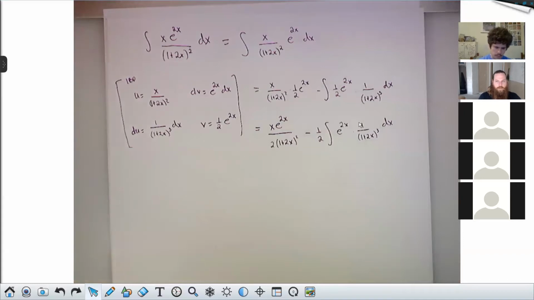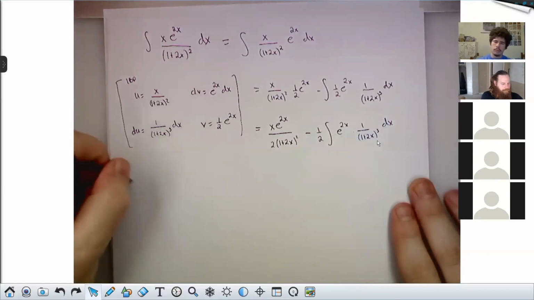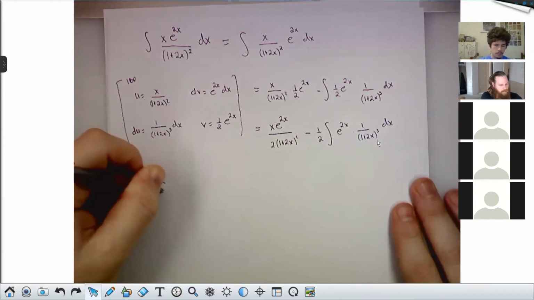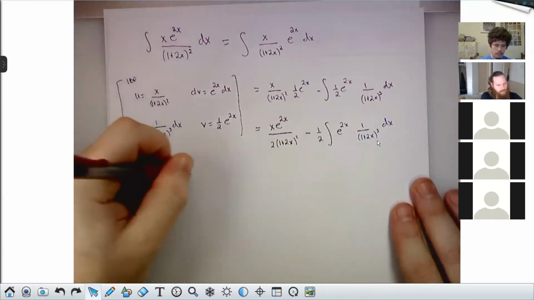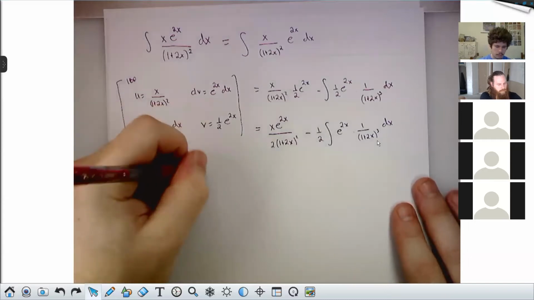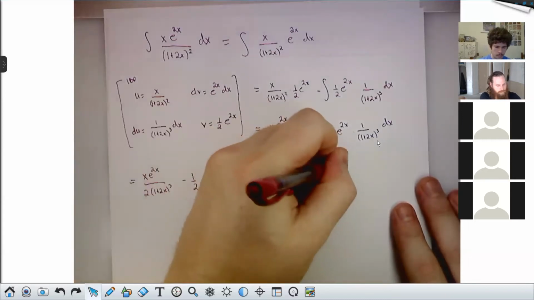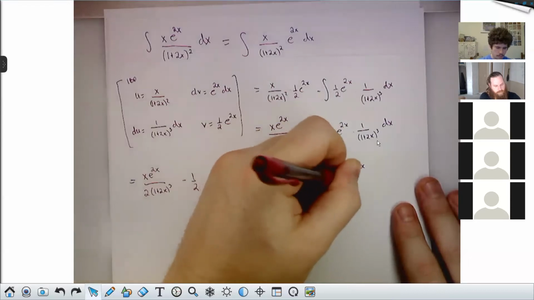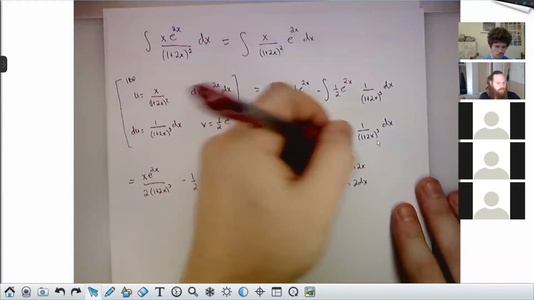So in the resulting integral here, I would consider substituting for the quantity 1 plus 2x. In this integral, we'll make the sub z equals 1 plus 2x. dz is 2 dx.